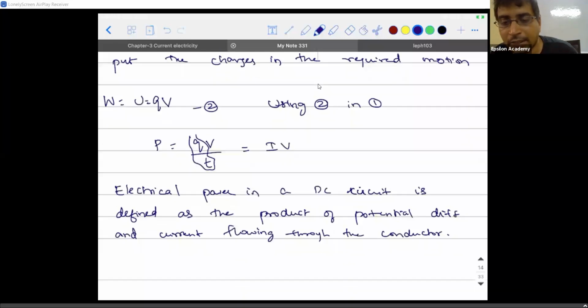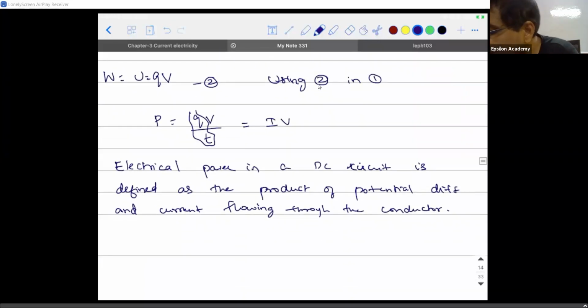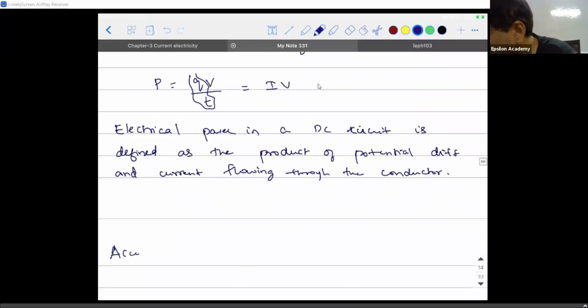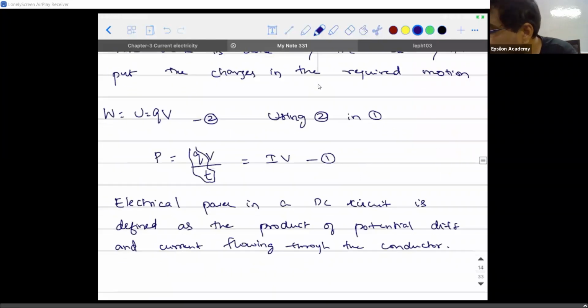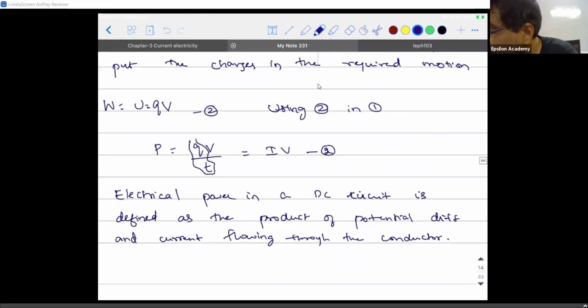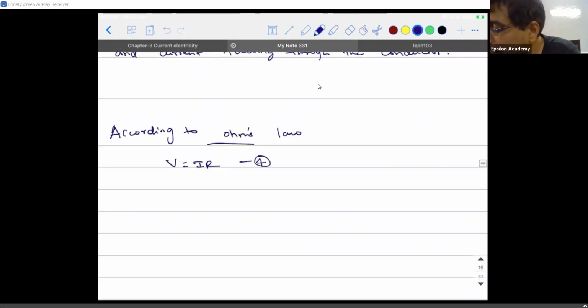Okay. Next, we know that according to Ohm's law, V is equal to what? IR. So let me say this is third, second. Third. So using 4 in 3, what are we going to get?